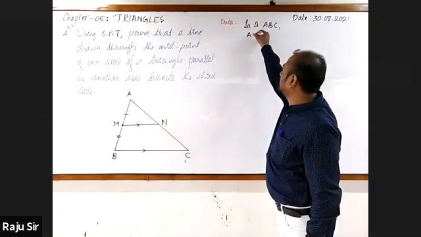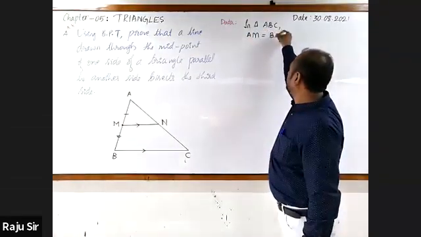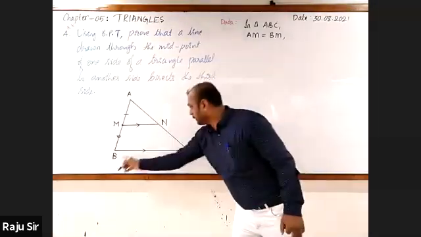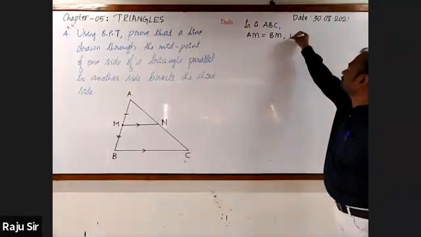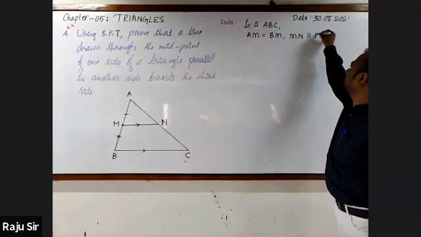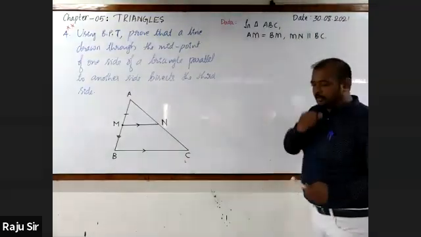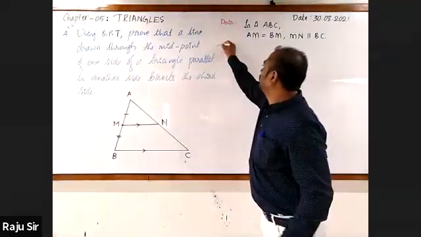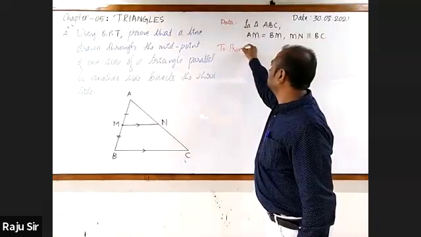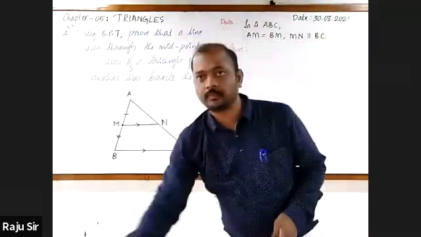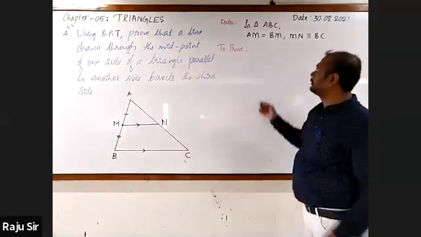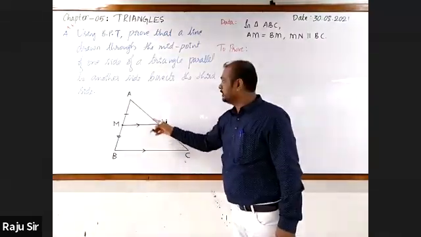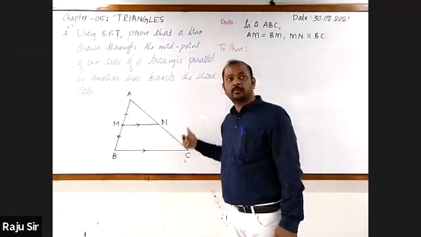Here I'll write it directly: AM equal to BM. Further, MN parallel to BC. What is the next step? To prove: AN equals NC. We will prove AN equal to NC at the end.